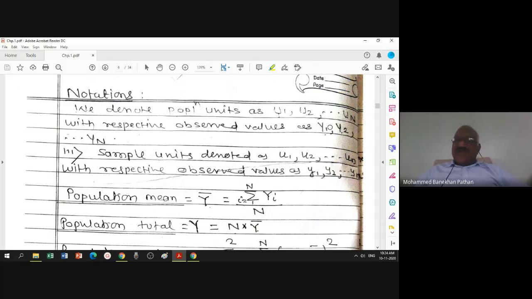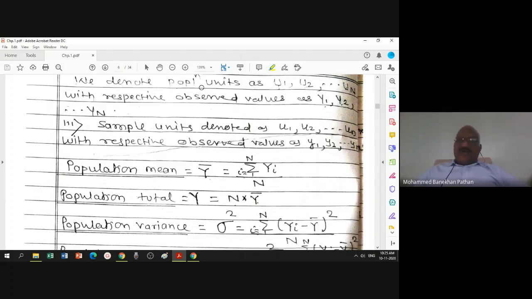So Y1 stands for the income of the first family, capital Y2 stands for the income of family number 2, and so on. So when I speak about population, usually my notation is by capital letters. U stands for the element, Y stands for the value of that element.